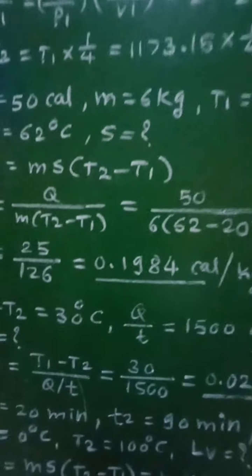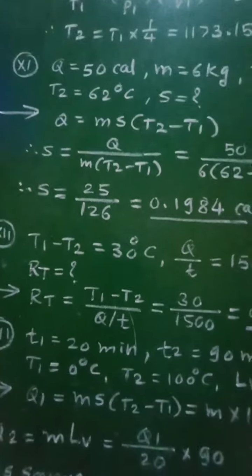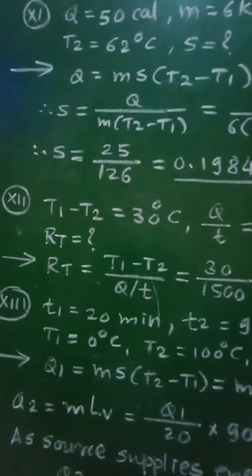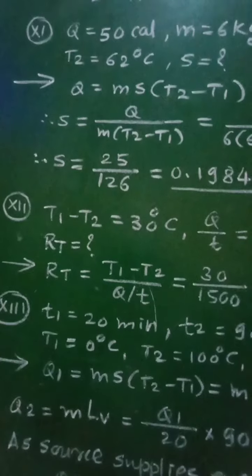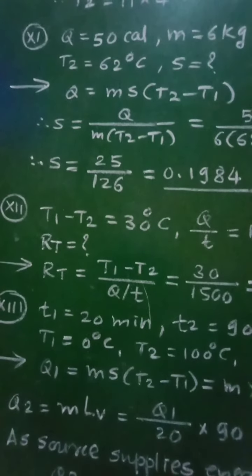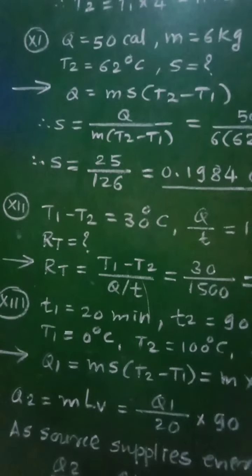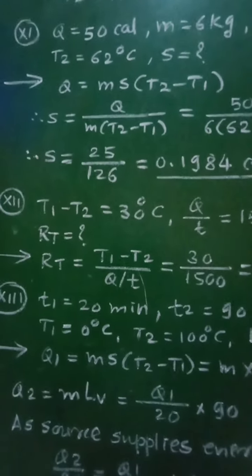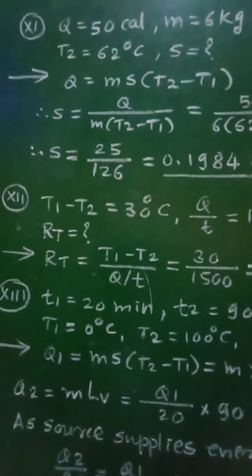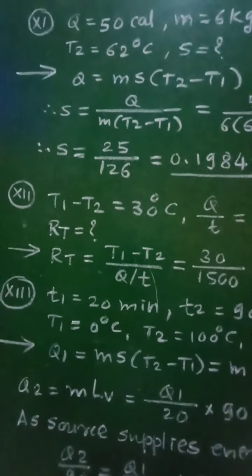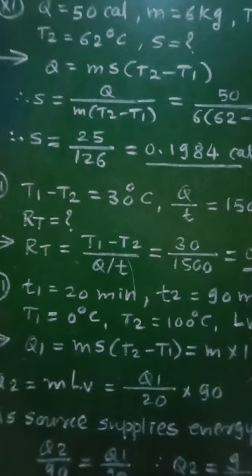Now let us see next numerical, that is numerical number 12, which is stated as, the rate of flow of heat through a copper rod with temperature difference 30 degrees Celsius is 1500 calorie per second. Find the thermal resistance of copper rod.